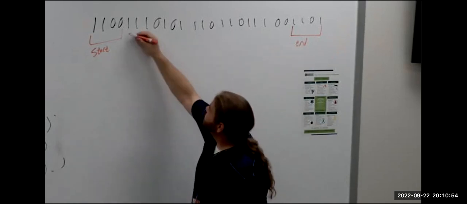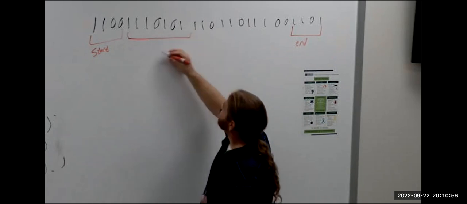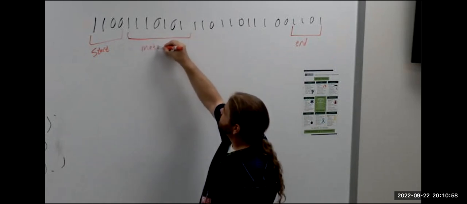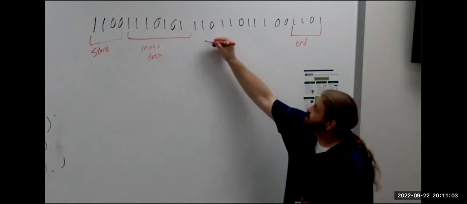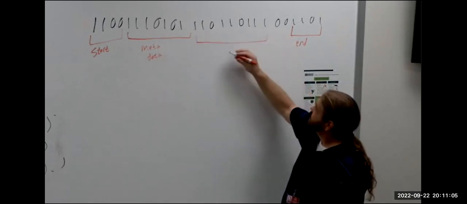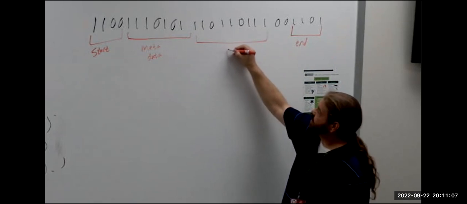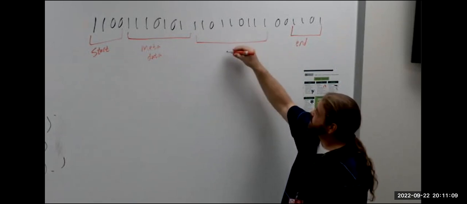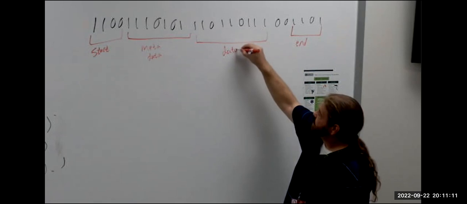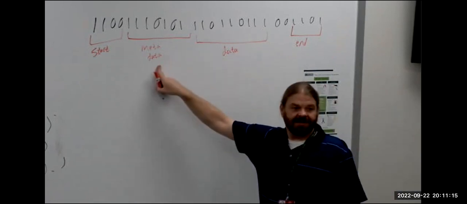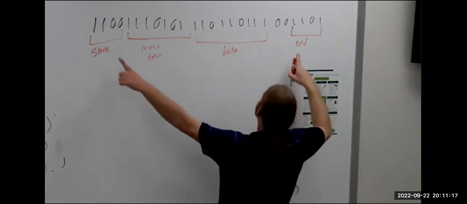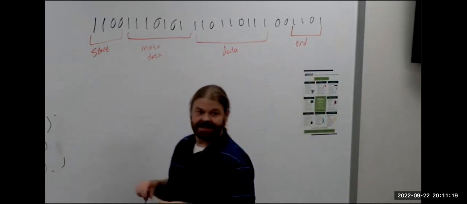But right after the start, we'll have some metadata about our actual data. I'll just write data. So here's the data we're working with in our software. Right before that, we have some metadata, and we have where it starts and where it ends.